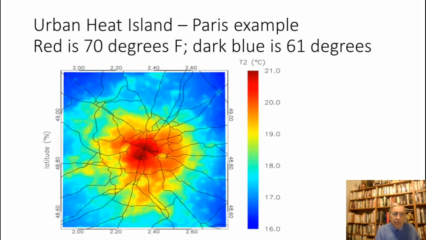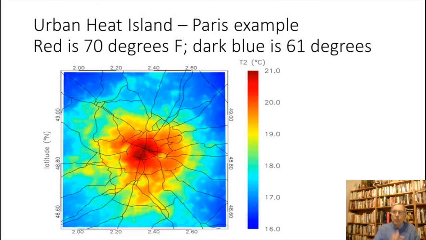This is a map showing the effect on Paris. Basically, and I'll show you on the next slide why. You can think of some of them already yourself, I'm sure. Cities are warmer than their surroundings, and this is a general rule. It's about 5 degrees.